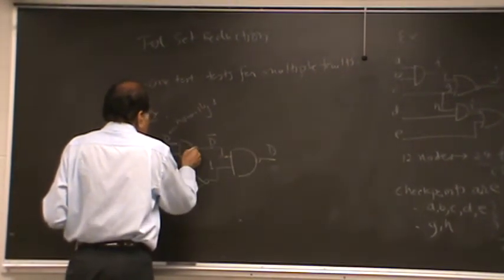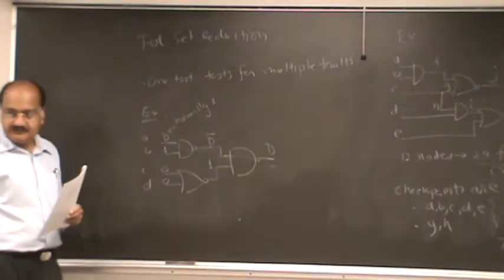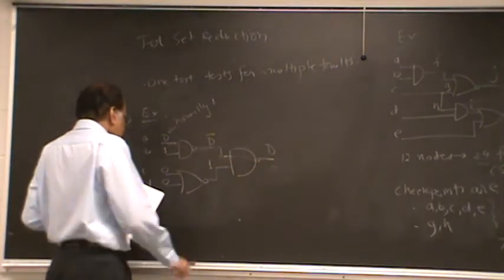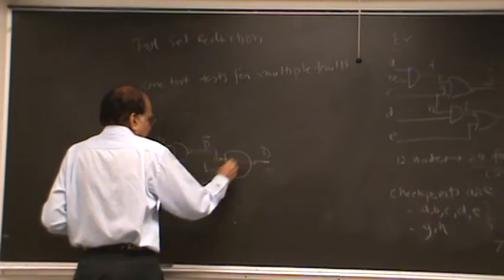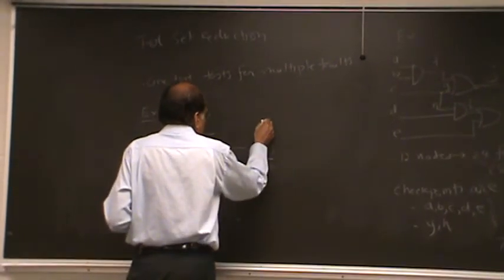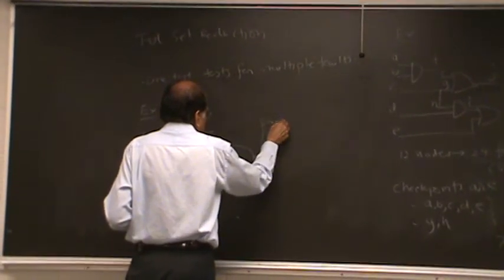So notice that we have this sensitized path. And on this sensitized path, this is normally a 1, so you will test for a stuck at 0 here.